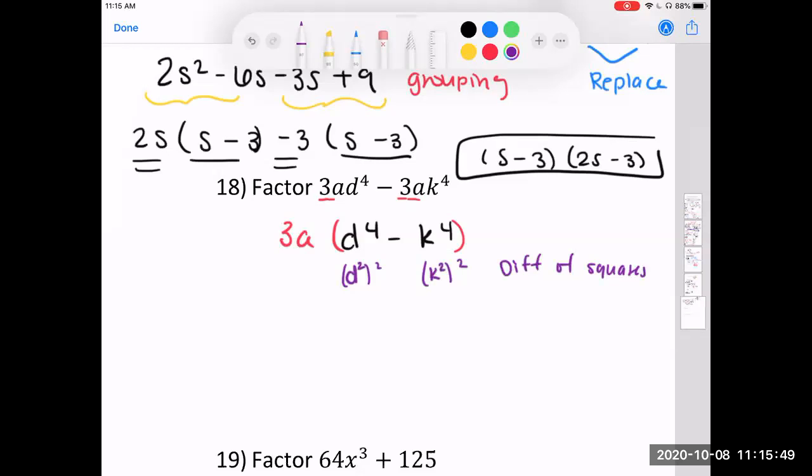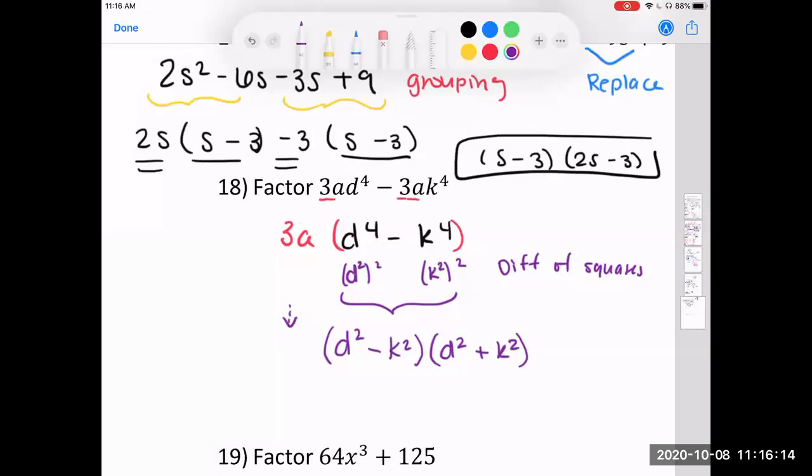Same thing for k. Now, when we have a difference of squares, we take those numbers and write them up so that one's a minus and one's a plus. So I have d squared and k squared, and d squared and k squared. That's factoring by difference of squares.